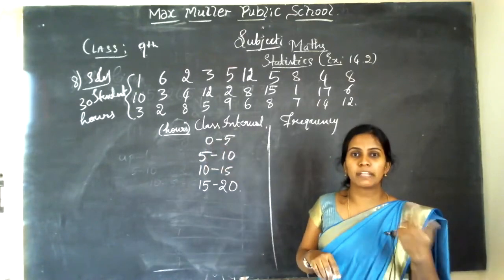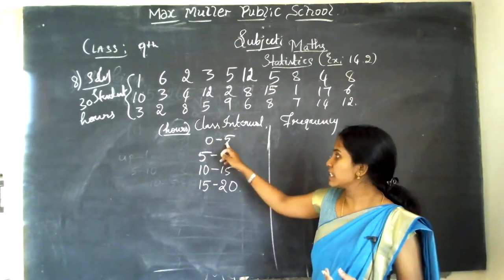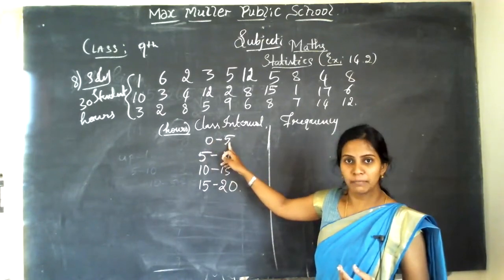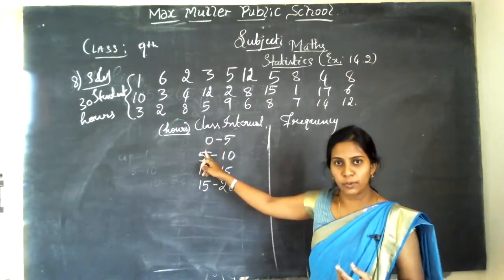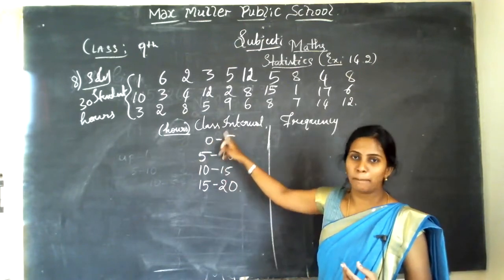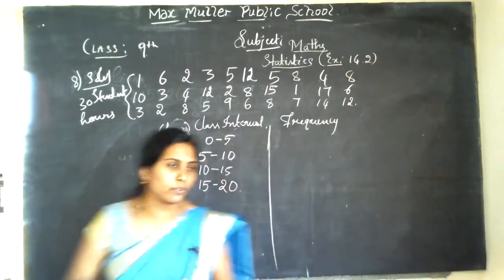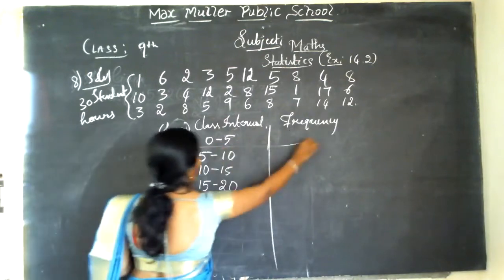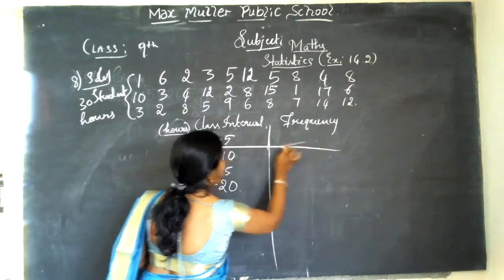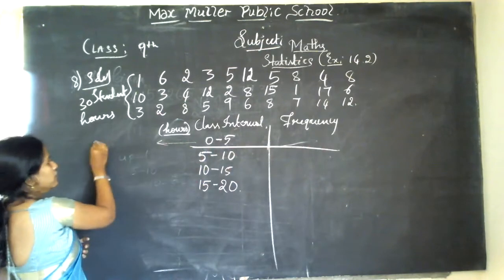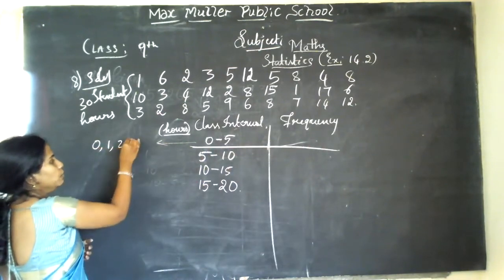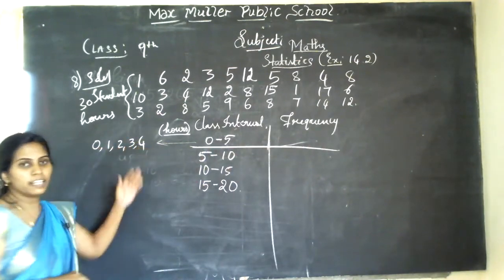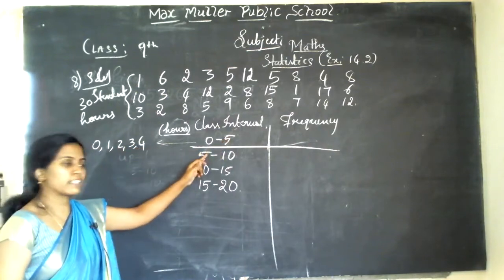As I told you in the previous problem, since the upper limit is repeated in the next row, don't consider this upper limit. So what numbers do you have to include? You have to include 0, 1, 2, 3, 4. As I told you, 5 is in the next row.